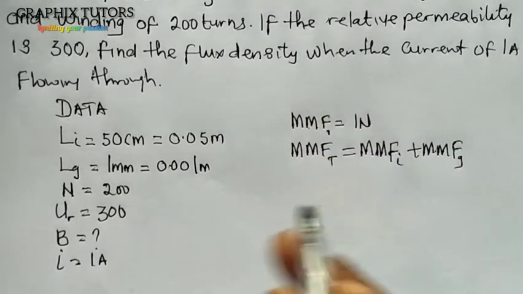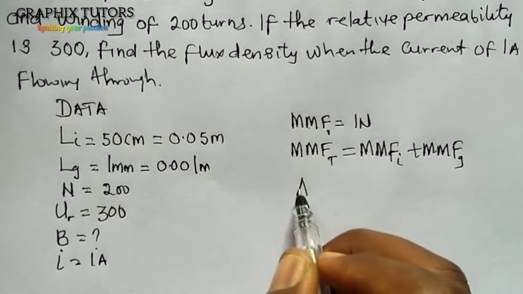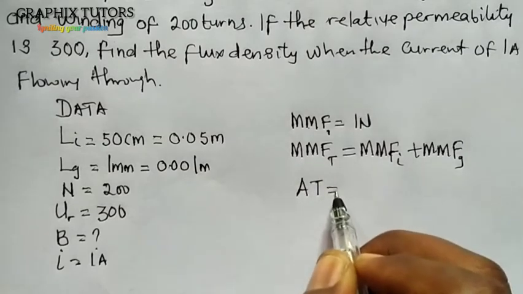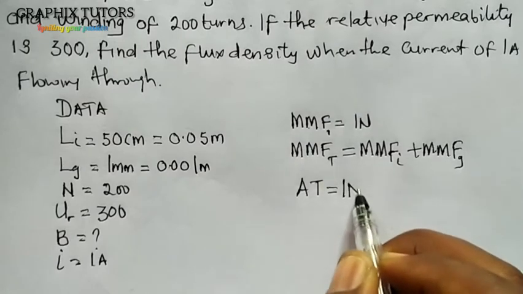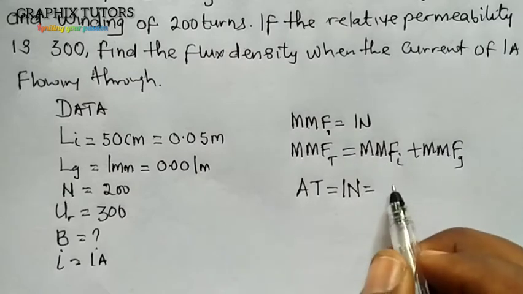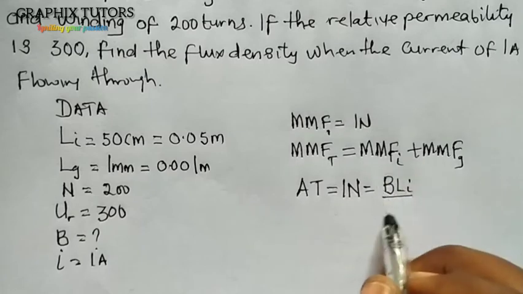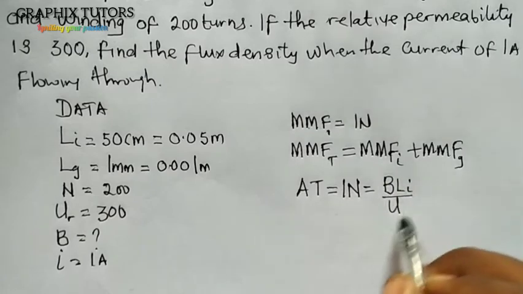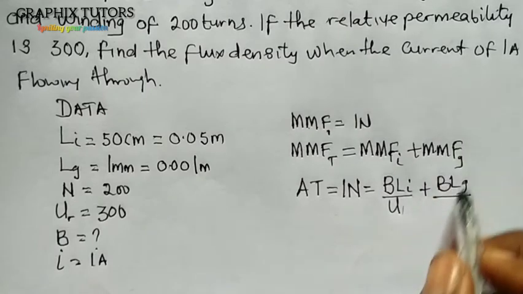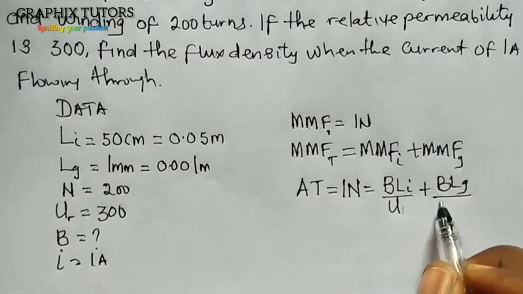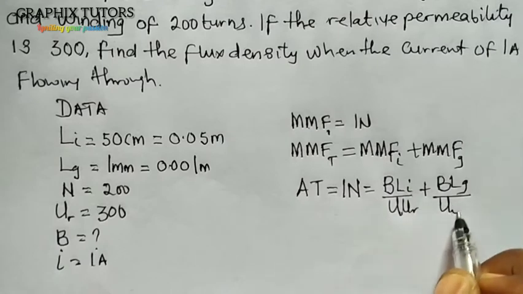So with all we've done in our previous example, we will say that ampere turns, since I'm saying IN, equals BLI all over mu, that is permeability, plus BLG all over permeability. And this is mu naught, not mu r, because we are given the flux density B.